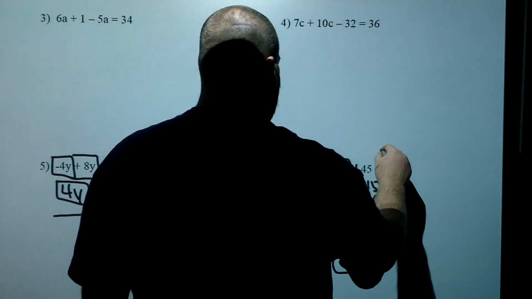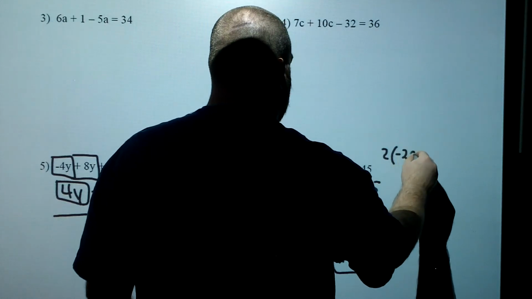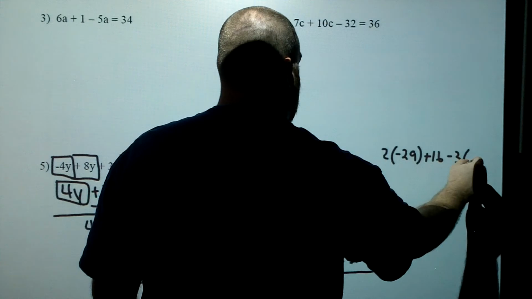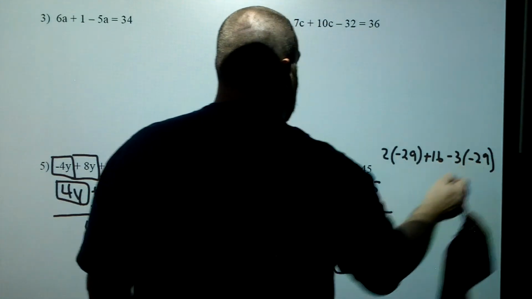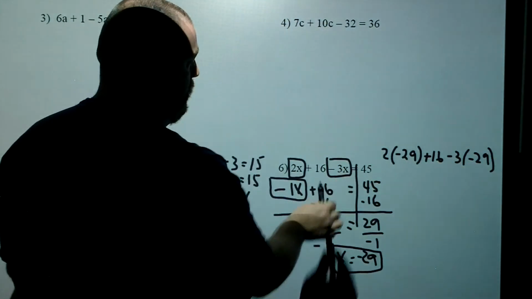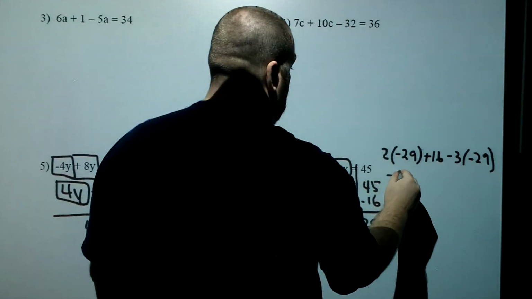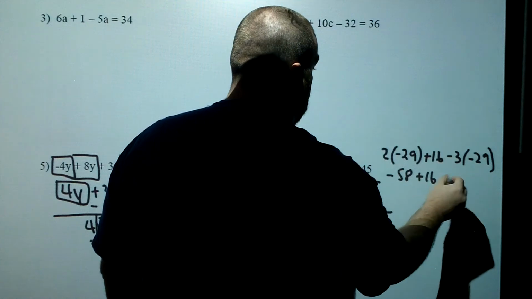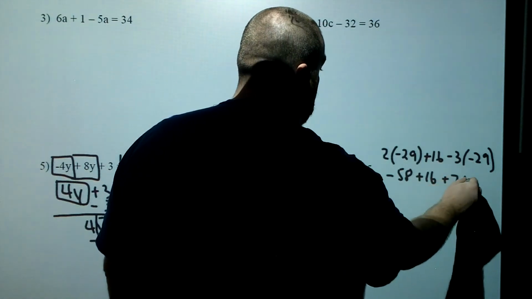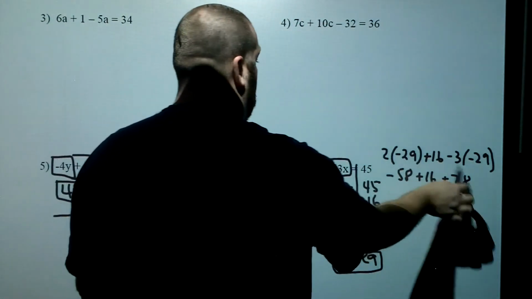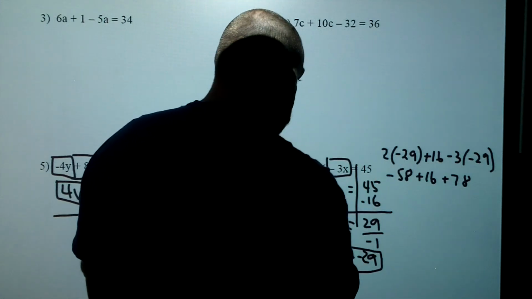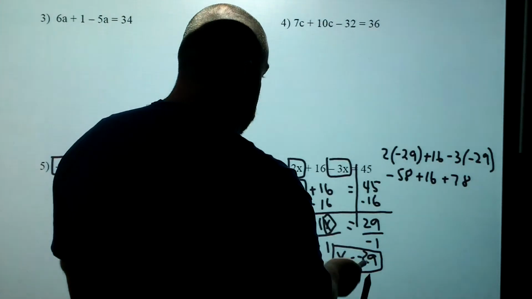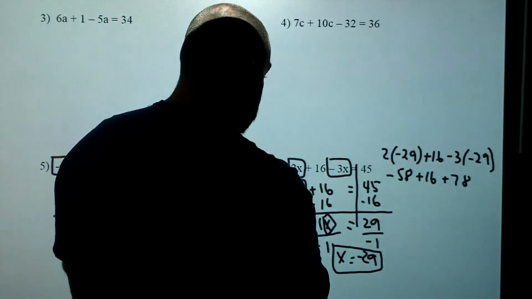To check it, 2 times negative 29 plus 16 minus 3 times negative 29. Now I ran out of room, but the answer should be 45, which is what's on the other side of the equation. Negative 58 plus 16, multiply these two, it gives me a positive 78. And when I add these together, I'm going to get, let's see here, make sure I have this copied correctly first.